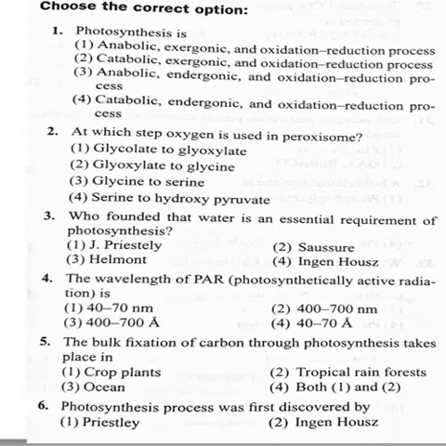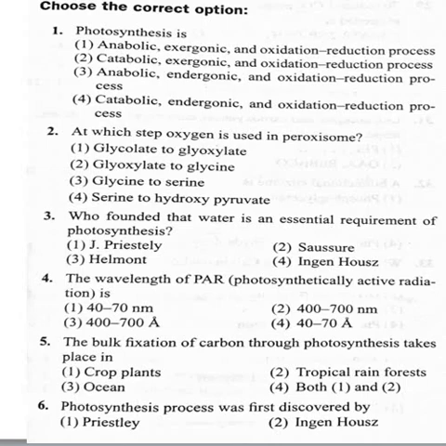You know that the plants can utilize 680 nanometers and 700 nanometers. So the correct answer is 400 to 700 nanometers. What is photosynthetically active radiation? Different plant pigments absorb only certain wavelengths of light, and these wavelengths are not absorbed at the same rate. So the plants can absorb different wavelengths, that is the range between 400 to 700 nanometers.